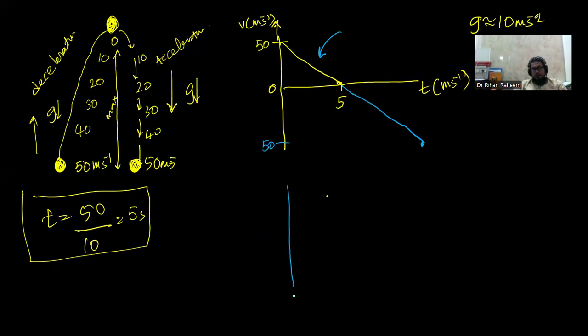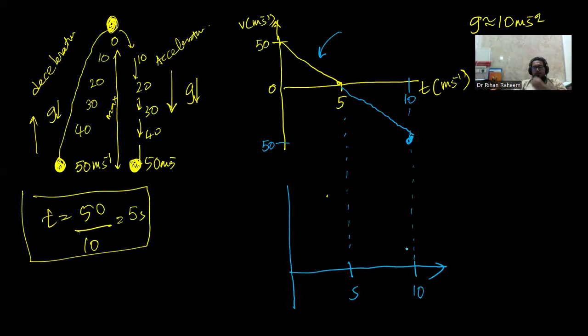But if they tell you to draw the speed time graph, speed is a scalar quantity. So for the same graph, see, this is 5 seconds, this is 5 seconds. Let's say this is 10 seconds. This is also 10 seconds.